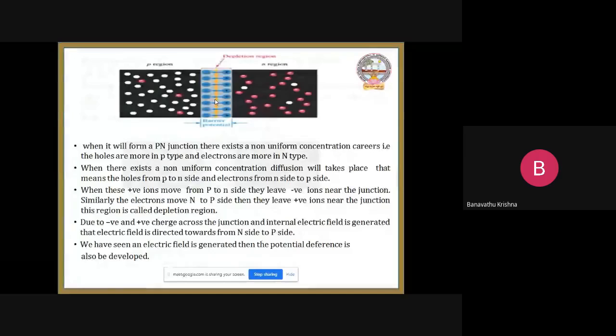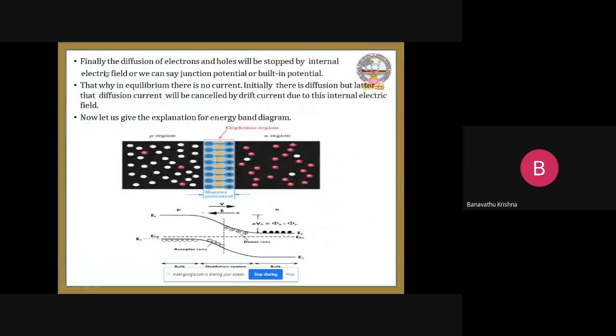So finally, the diffusion of electrons and holes will be stopped by the internal electric field, or we can say the junction potential or built-in potential. That's why in equilibrium there is no current. As I told you, these ions are immobile, and they form the depletion region, also called the barrier region or cut-in region, of the junction layer.